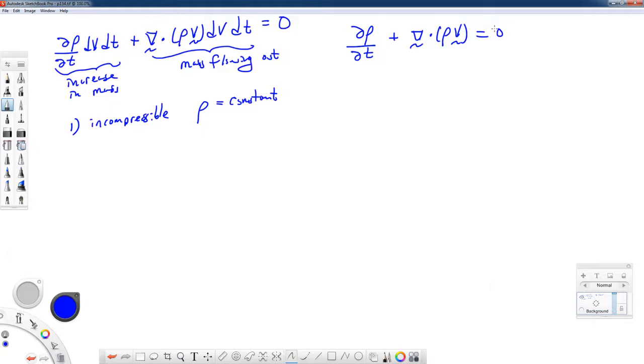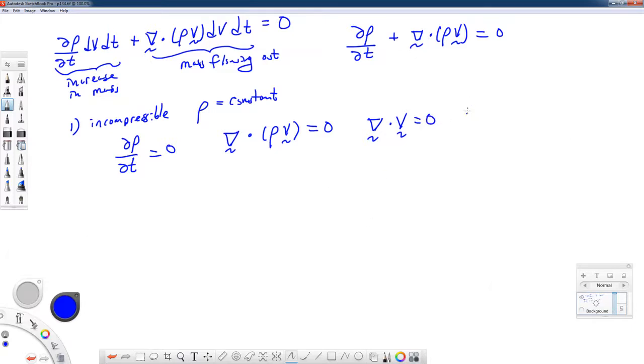So with the incompressible fluid with rho equal to a constant, then the partial derivative of rho with respect to time is equal to 0. And if that's the case, then we have the remaining part, del dot rho v equal to 0. Of course, if the rho is a constant, it can be brought out in front, and we can get rid of that as well, which gives us del dot v is equal to 0.